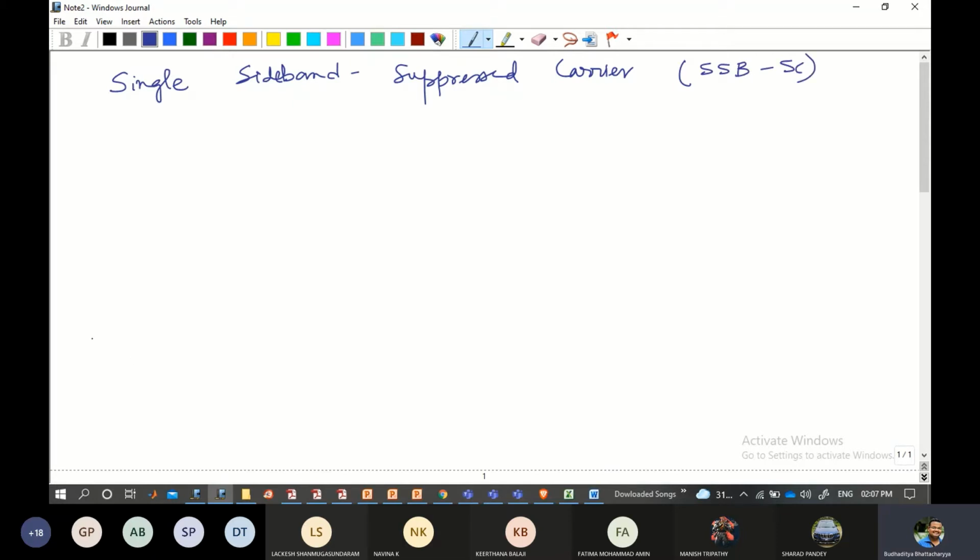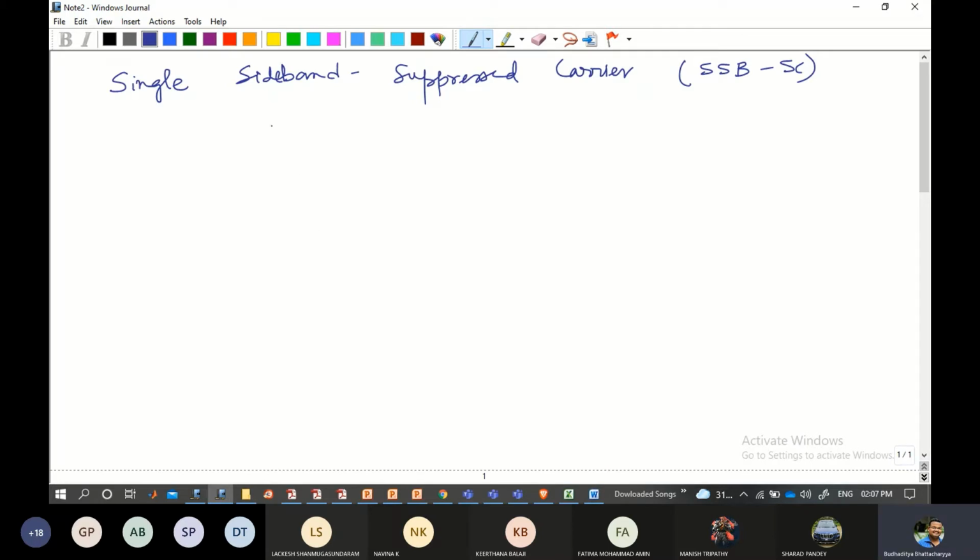From the term itself, I think all of you can guess that in this case, instead of sending both the upper and lower sideband, we might send only a single sideband for our purpose.